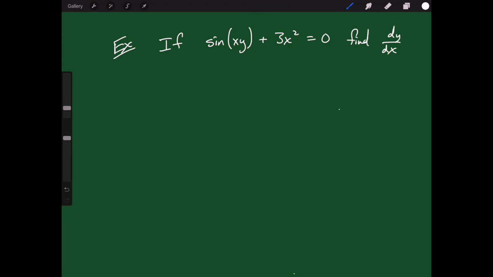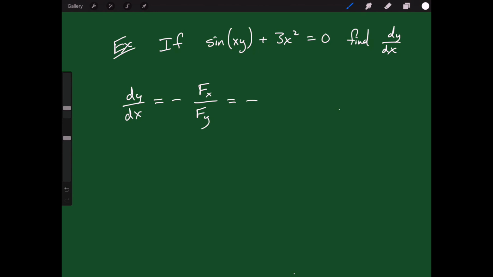And what I just said is that dy over dx is equal to negative the partial of capital F with respect to x over the partial of capital F with respect to y. Okay? We need that negative in there.